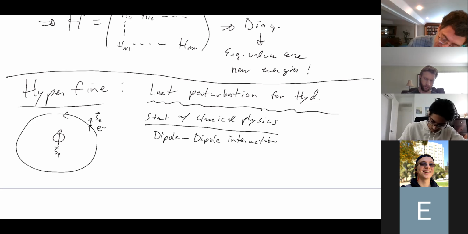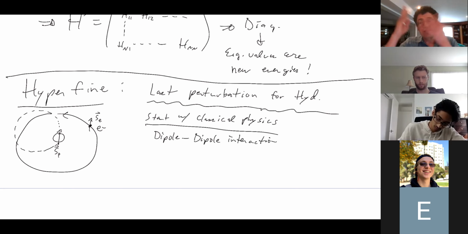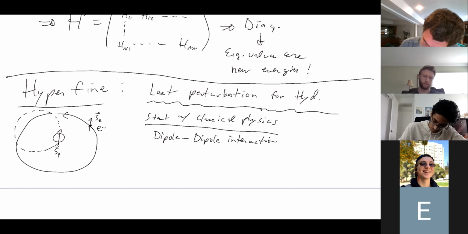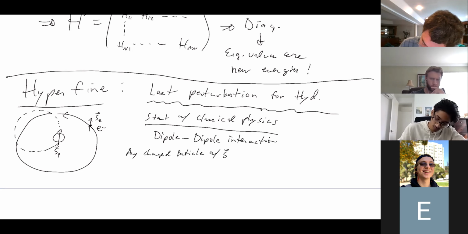And that comes from the fact that the spin, the proton creates a magnetic field, because we know that for any charged particle with spin has a magnetic moment.